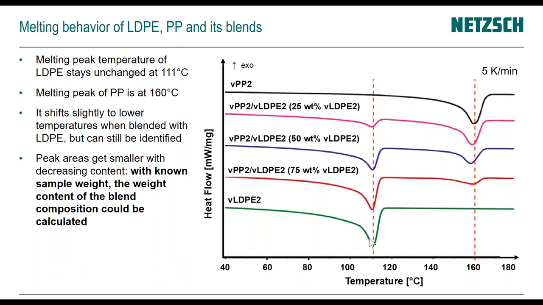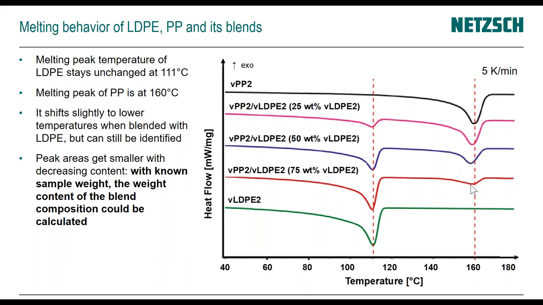And we can see the melting temperature of LDPE is at 111 degrees C. And as we're following this dashed red line, we see that the location of the temperature really stays unchanged in the blend. When we look at the melting peak of polypropylene that happens at 160, that is slightly shifted when it's blended with LDPE, but it's still possible to identify it as a polypropylene.